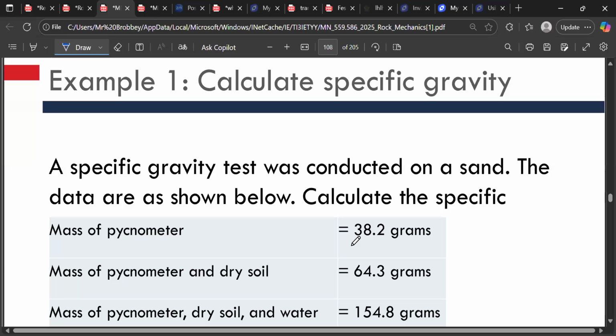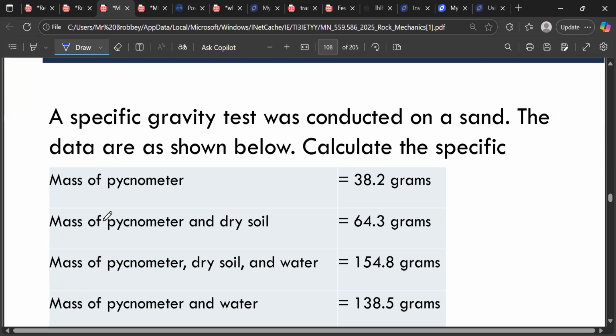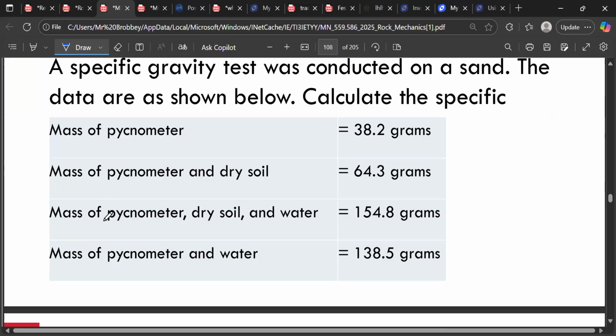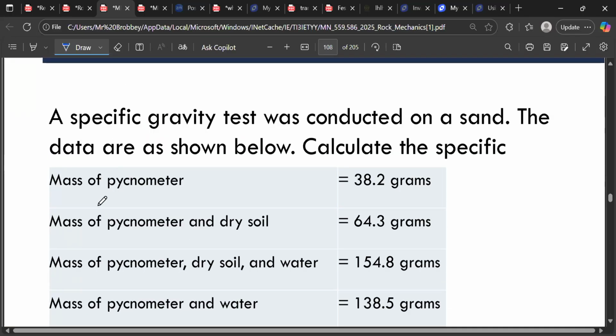You always want to keep the definition in your head: specific gravity simply means the density or the mass of a substance relative to an equal mass of water displaced at 4 degrees Celsius, where water has a density of 1 gram per cubic centimeter.